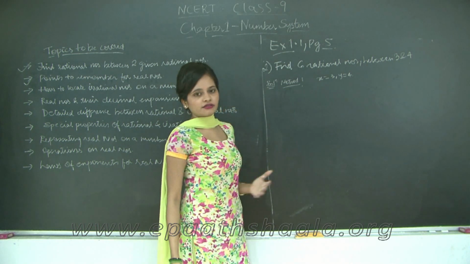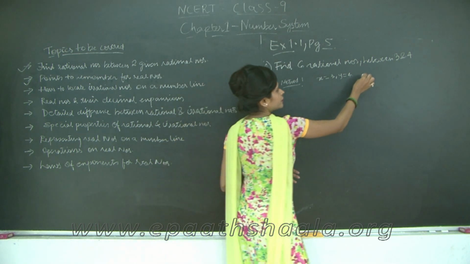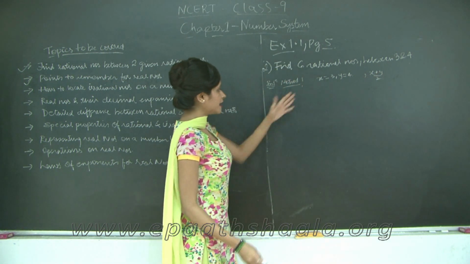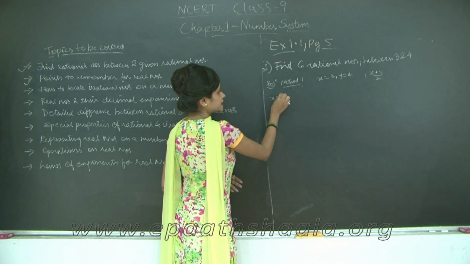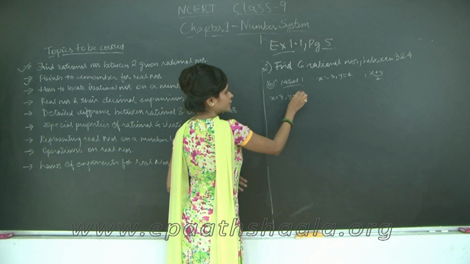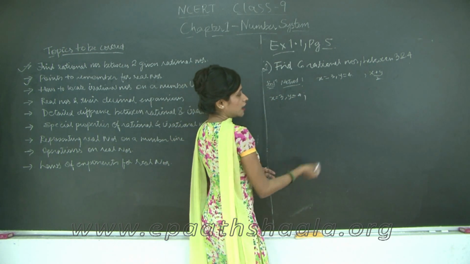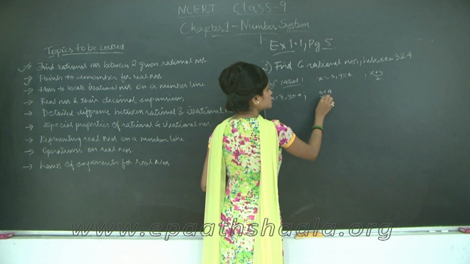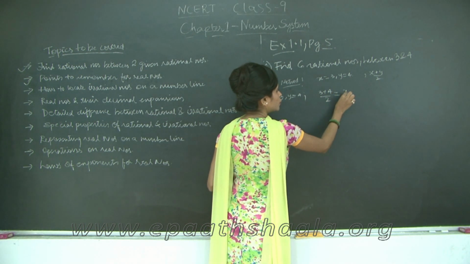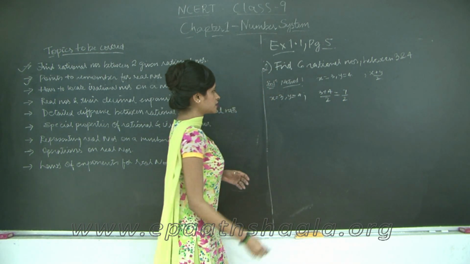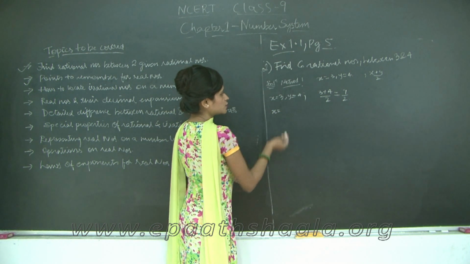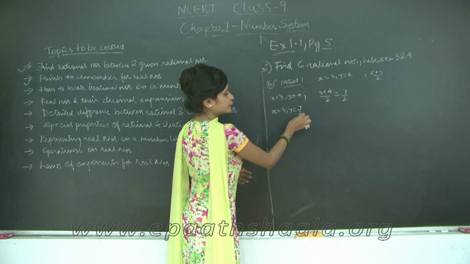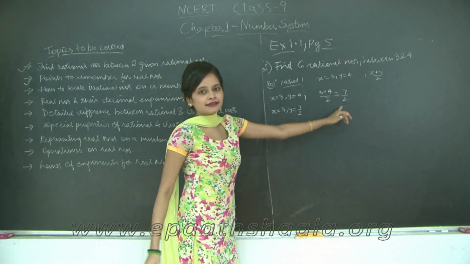The rational numbers between 3 and 4 can be found using the formula (x plus y) upon 2. Taking x as 3 and y as 4, our rational number is (3 plus 4) upon 2, which is 7 upon 2. Now let's take x as 3 and y as 7 upon 2.